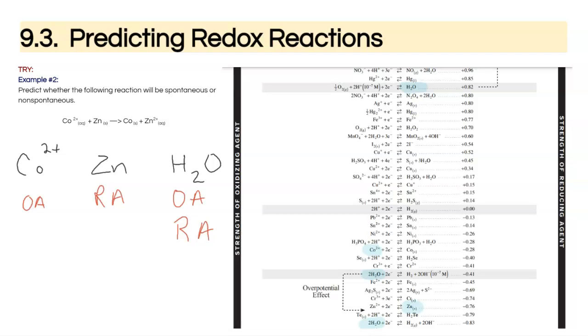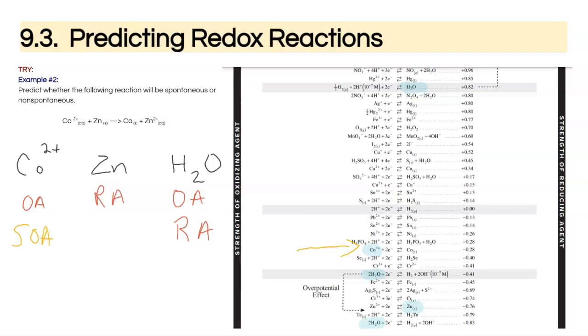So I'm looking for the species that is the highest on my oxidizing agent side, and I'm seeing that right here. That's my cobalt 2+. So I'm going to label it as my SOA, my strongest oxidizing agent.